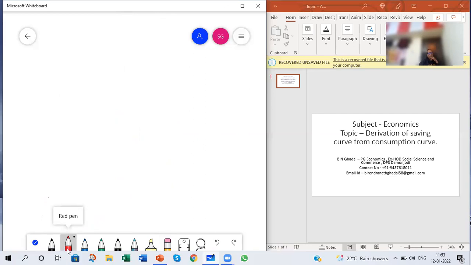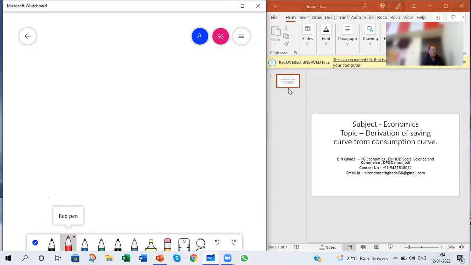That's why the saving curve can very well be derived from the consumption curve, and the root is because Y is equal to C plus S. Because Y is equal to C plus S, you can find out S from C, or you can find out C from S. If saving is given, consumption can be found out. If consumption is given, saving is equal to Y minus C, and if saving is given, consumption is Y minus S. So the root is Y is equal to C plus S.